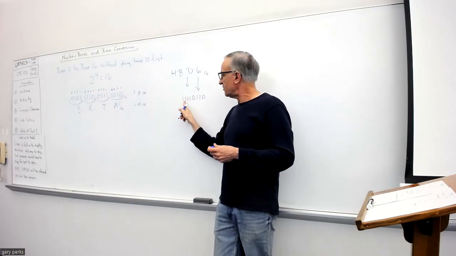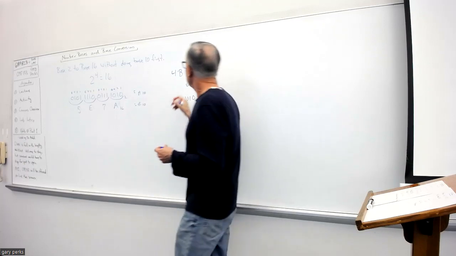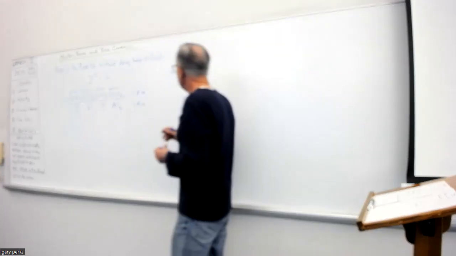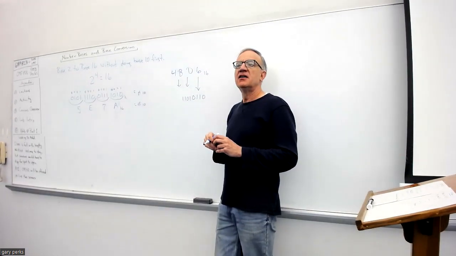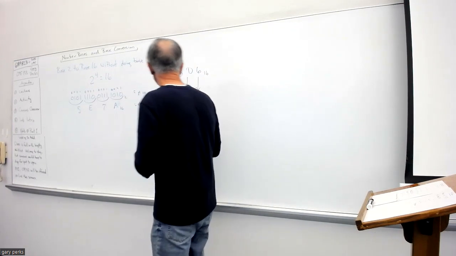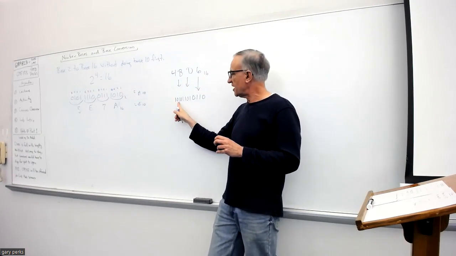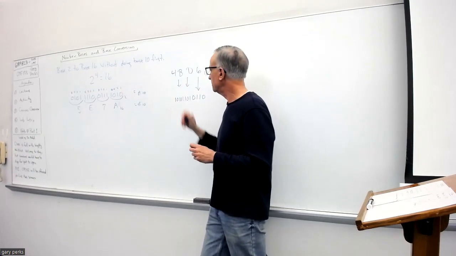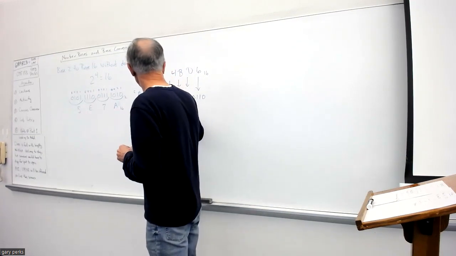So we have an 8, a 4, and a 1. So 1101 is 13. How about B as a 4-bit binary? 1011. Because B is equal to 11. So we have an 8, a 2, and a 1. And then 4 would be 0100.